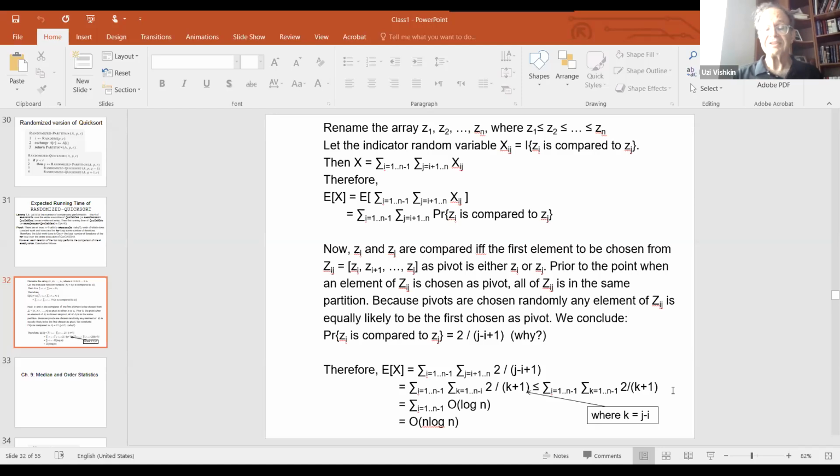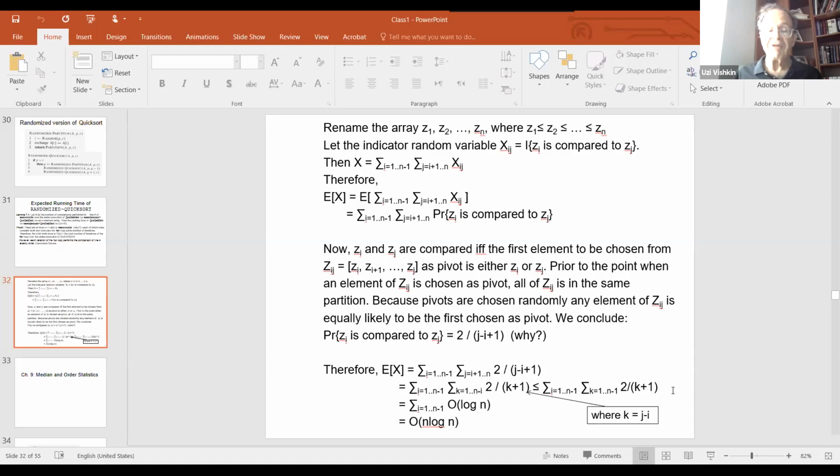Now, what is this sum? Do you remember what it is? This is the harmonic series. And the harmonic series sums up, when n goes to infinity, to log n. I hope you remember that from your calculus classes.